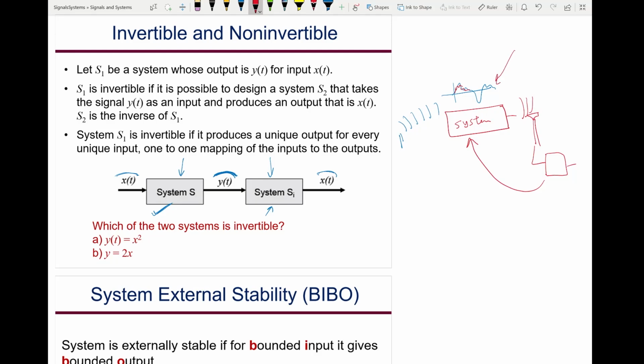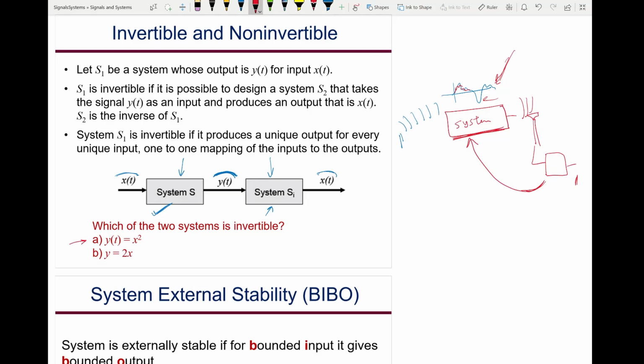Well, sometimes if this system is invertible, depending on the type of noise, we can build a system here that will do the inverse of this one or close enough. So then we recover at the receiver the original signal without noise. And that's why we sometimes classify invertible, non-invertible. That's one application.